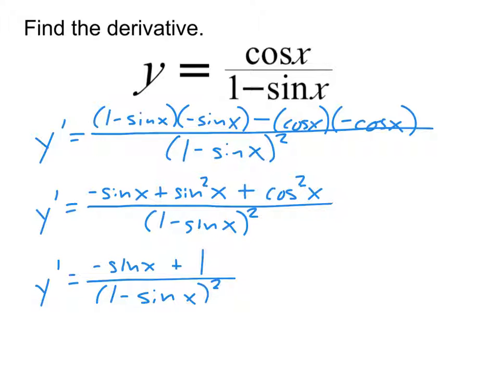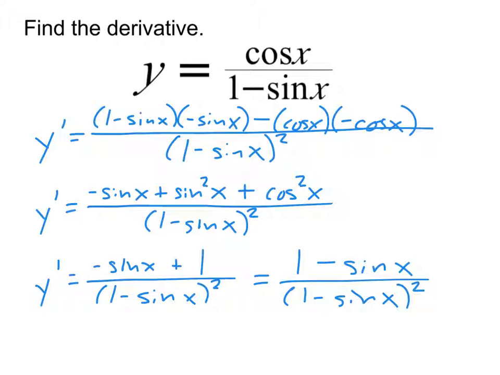Well, what if I change the way I wrote the top? What if instead of starting with the negative, what if I started with the positive on the top and wrote it as 1 minus sine of x? Now do you see how we can reduce it a little bit further?